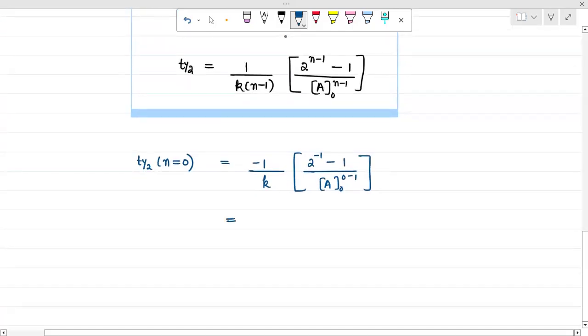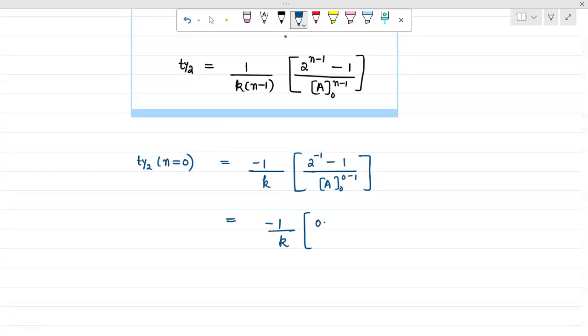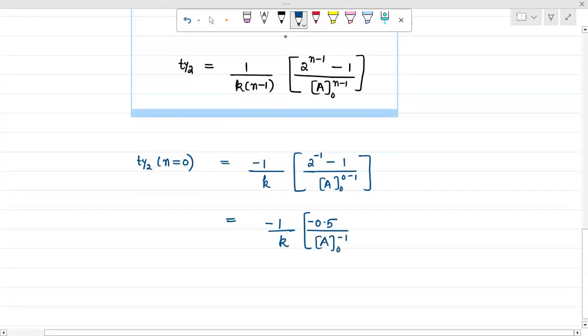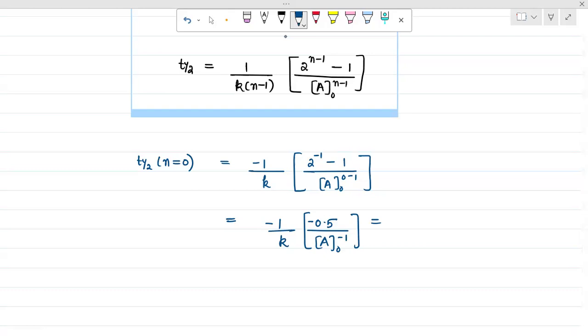So this is going to be minus 1 by k into 2 to the power minus 1, which is 1 by 2, and 1 by 2 minus 1 is minus 0.5, divided by A0 to the power minus 1. Minus into minus becomes plus. 0.5 can be written as 1 by 2, so it is A0 by 2k. When A0 to the power minus 1 comes to the numerator, it becomes A0. This is the T half of a zero order reaction which we have already derived.